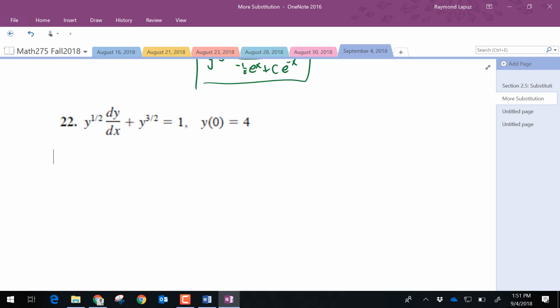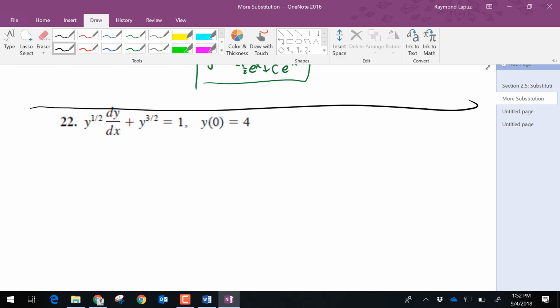All right. We have y to the 1/2 power dy dx plus y to the 3/2 equals 1. And of course, this is not in the form that we want. At this point, it doesn't even look like the Bernoulli equation until we actually try to get dy dx by itself.